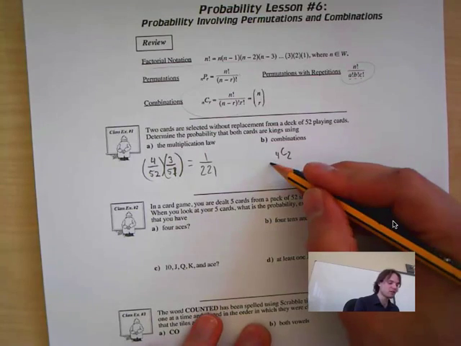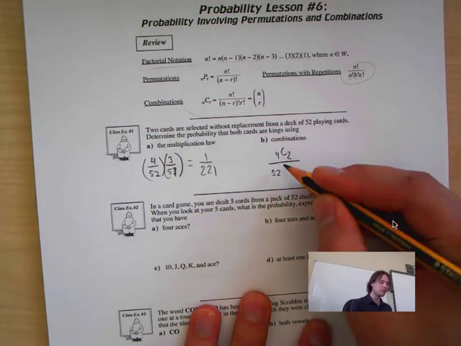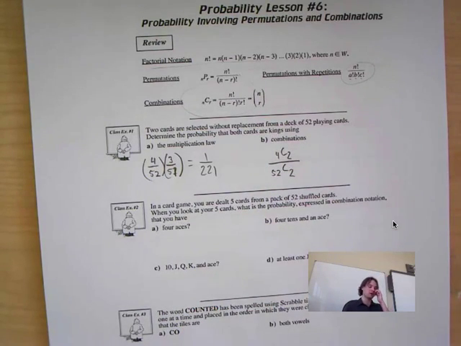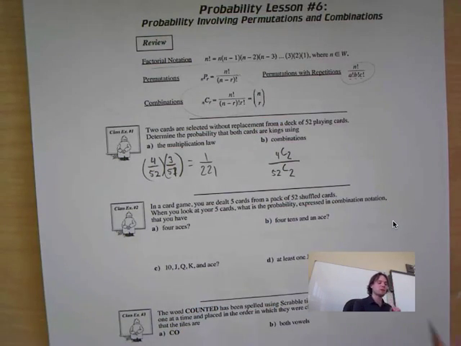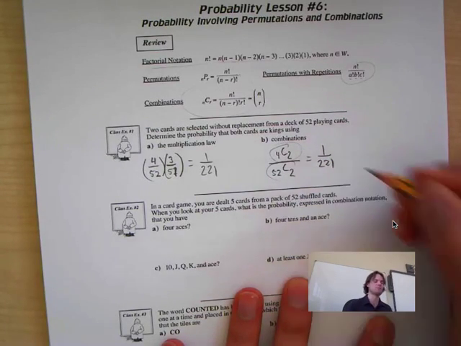Now, how many cards are there in the deck? There are 52 cards, and out of those 52, we're choosing 2. This is my total possibilities, and this is the wanted. If we plug that into our calculator, we'll get the same thing, 1 over 221.